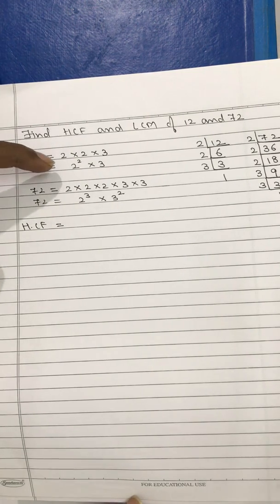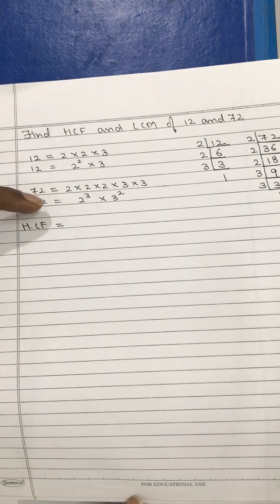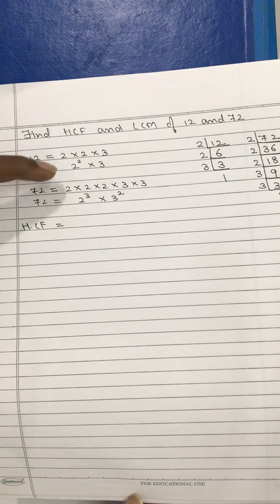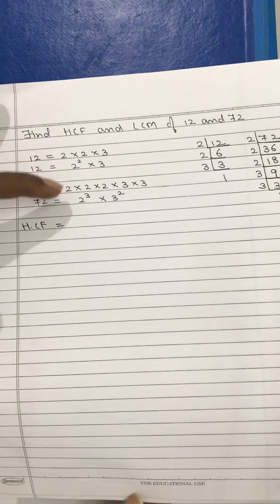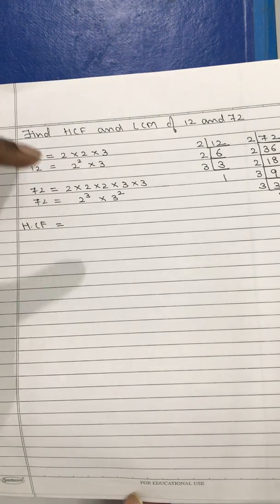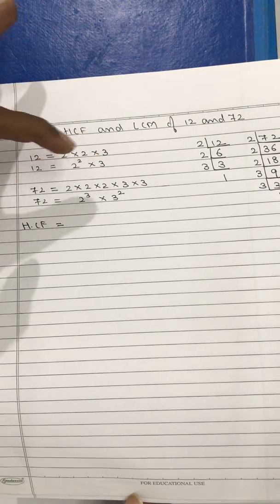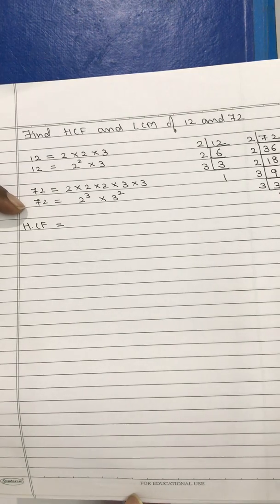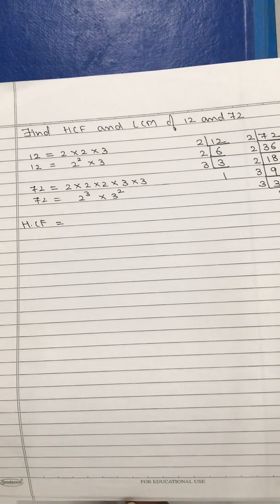In this case, 2 is present in 12 and 2 is also present in 72. So 2 is a common factor of 12 and 72. At the same time, 3 also is a factor of 12 and 72. So first of all, we have to consider only common factors when it comes to HCF.